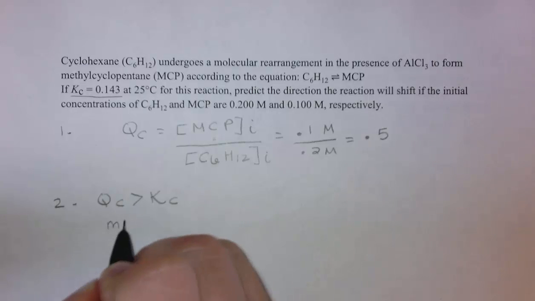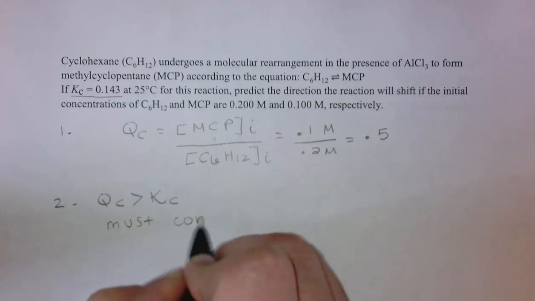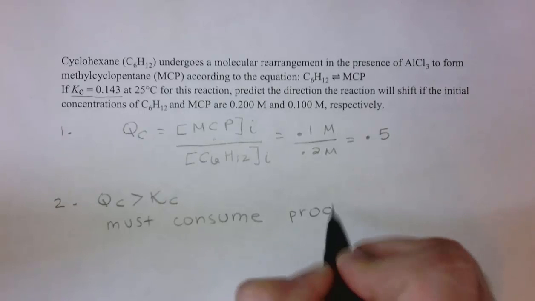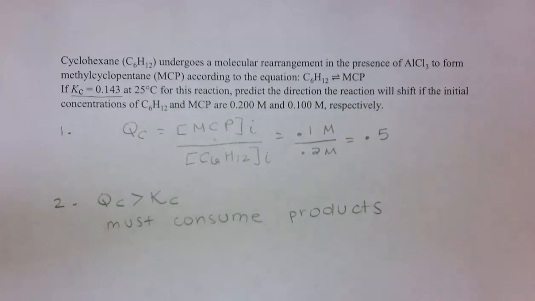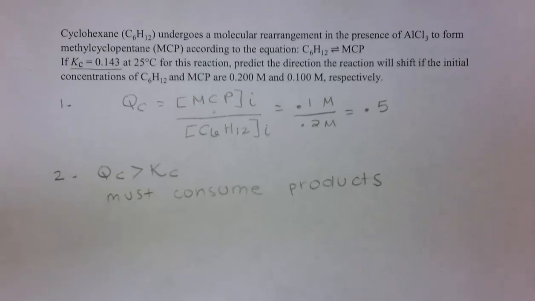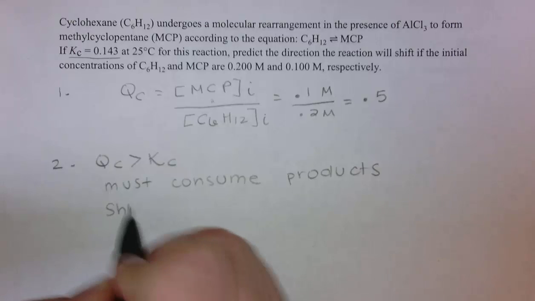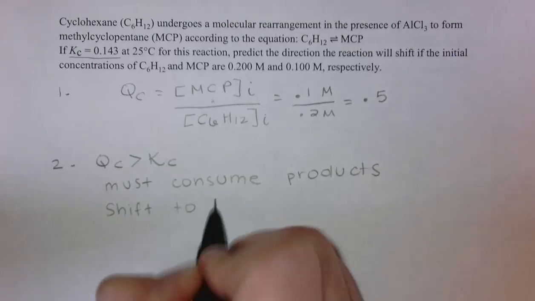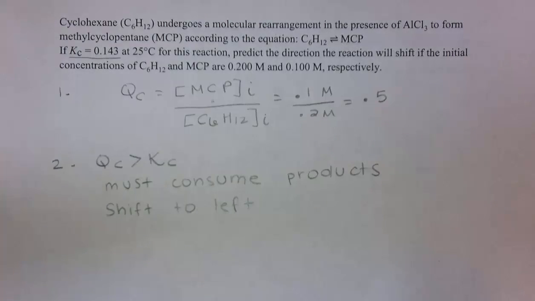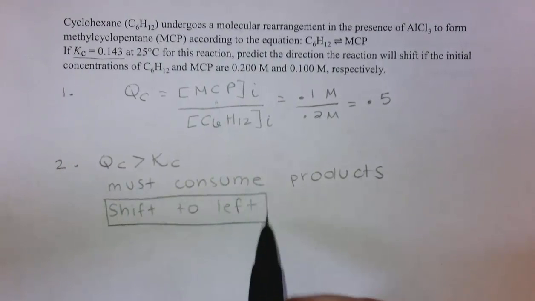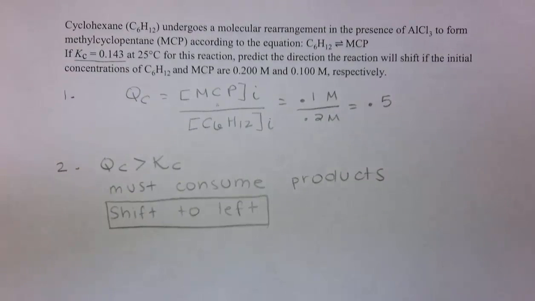So we must consume some of those products to go back to an equilibrium state. So to do that, we're going to shift to the left to make more reactants and get closer to our value of K at equilibrium.